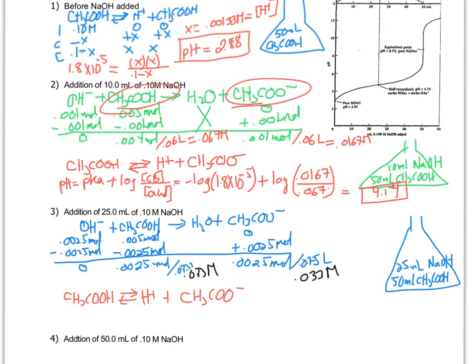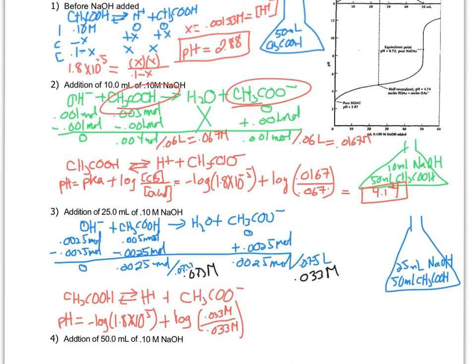So, according to the Henderson-Hasselbalch, pH is pKa, which is negative log of the Ka, 1.8 times 10 to the negative fifth, plus log of the conjugate base, which is 0.033 molar, over the acid, 0.033 molar.